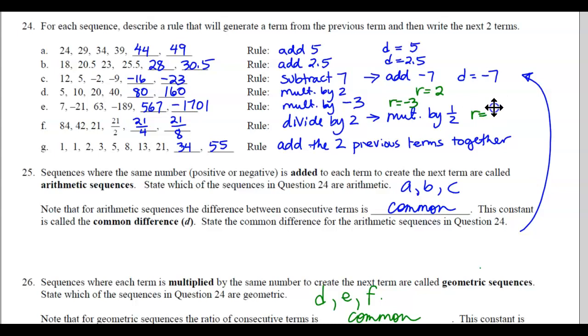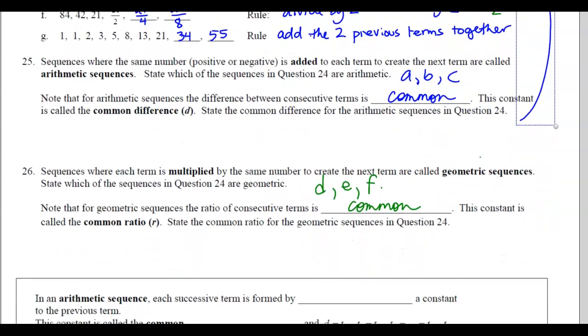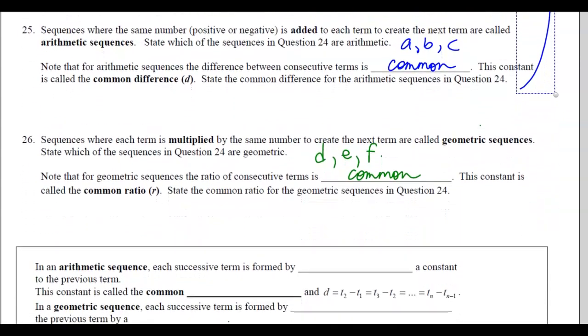You can't say R equals 2, because then our sequence would keep getting bigger, and it's not, it's getting smaller. Okay. The last one is not arithmetic or geometric, it's the Fibonacci sequence, so we don't have a special ratio or difference. We would use a recursive definition.